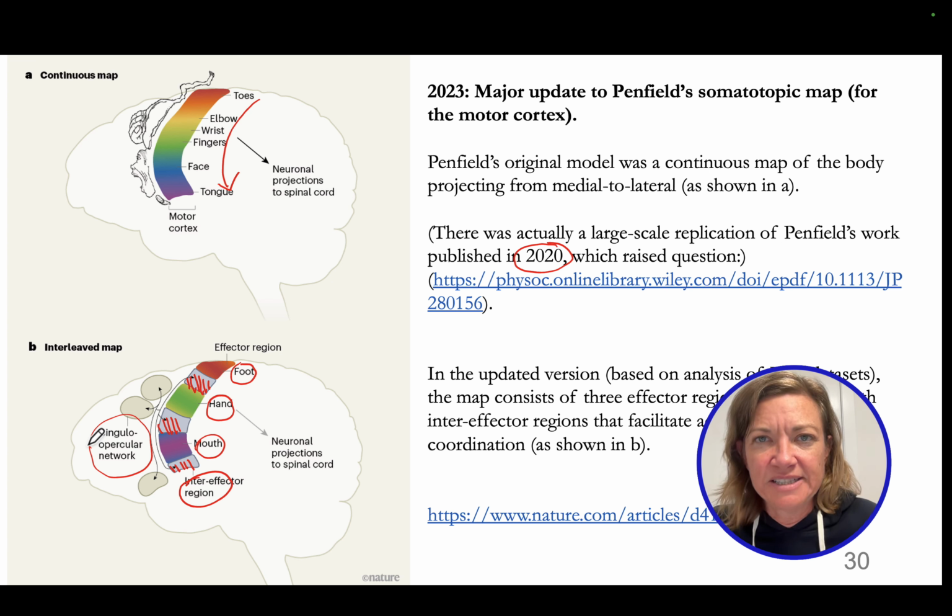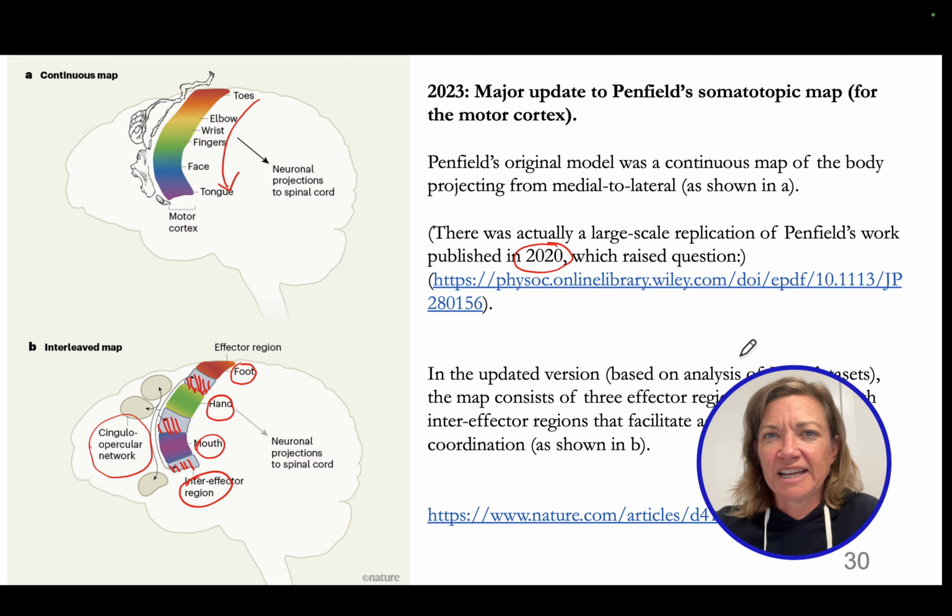They are very different from the direct effector centers of Penfield's original model. So this is a major update to the motor homunculus. And this is cool. This is one of those things where an updated technology, an updated approach to large-scale analysis, facilitated a correction to a model that we've been using for more than 100 years in functional neuroanatomy.